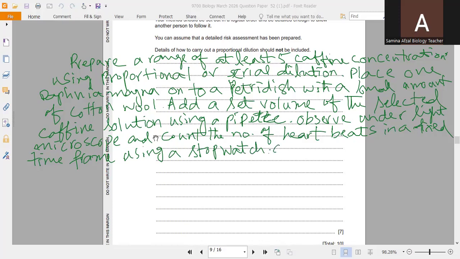Then calculate the time for one cardiac cycle.